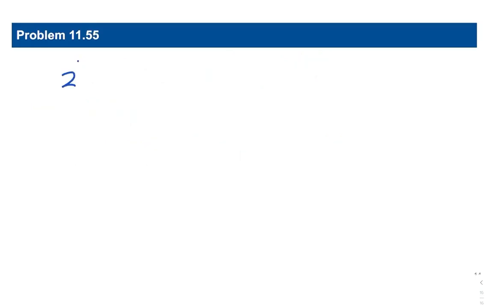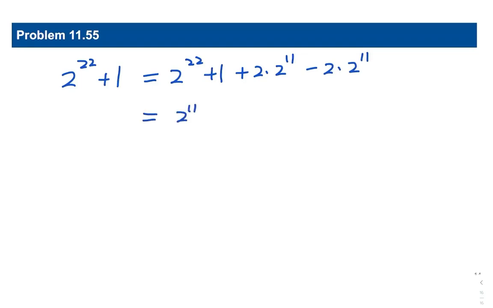Express 2 to the power 22 plus 1 as the product of two 4-digit numbers. This is 2 to the power 22 plus 1. Let's add 2 times 2 to the power 11, subtract 2 times 2 to the power 11. Then we get 2 to the power 11 plus 1 squared minus 2 to the power 12, which is 2 to the power 6 squared.